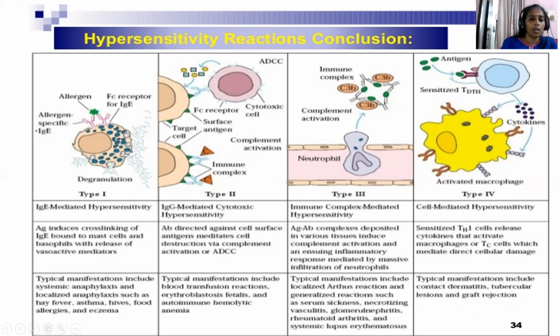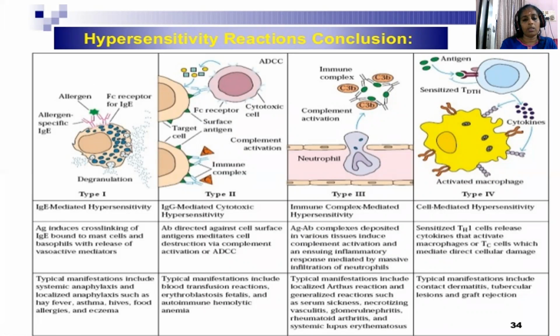Here, once an allergen comes in contact, there will be degranulation of the mast cells and production of vasoactive amines. So generally it is an IgE mediated hypersensitivity reaction. In the second case, antibody-dependent cytotoxic reactions.